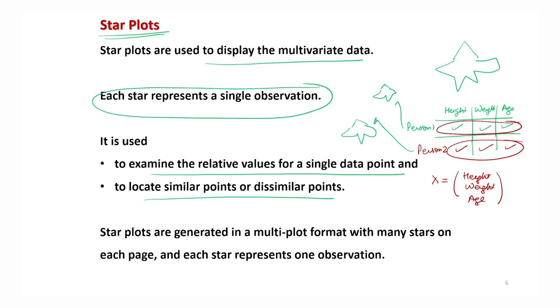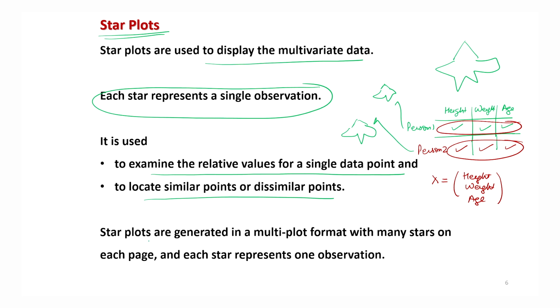We always want to see which points are similar and which points are dissimilar. And then we would like to see the relative values of a single data point, that is, how height, weight, and age are placed for person number 1 in comparison to person number 2. So these types of queries can be answered from star plots.